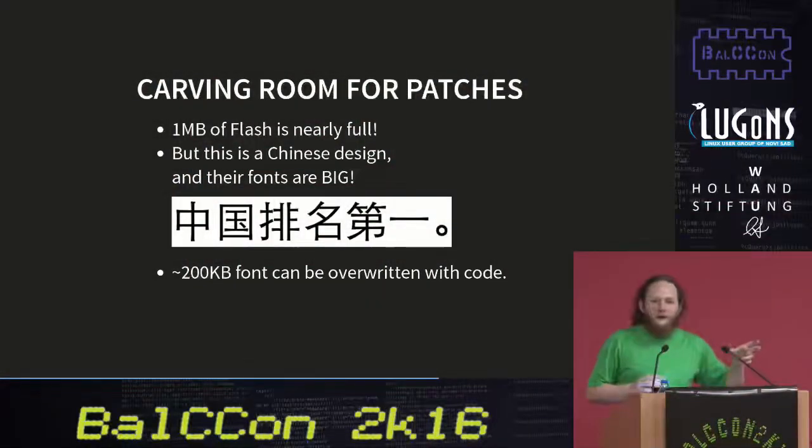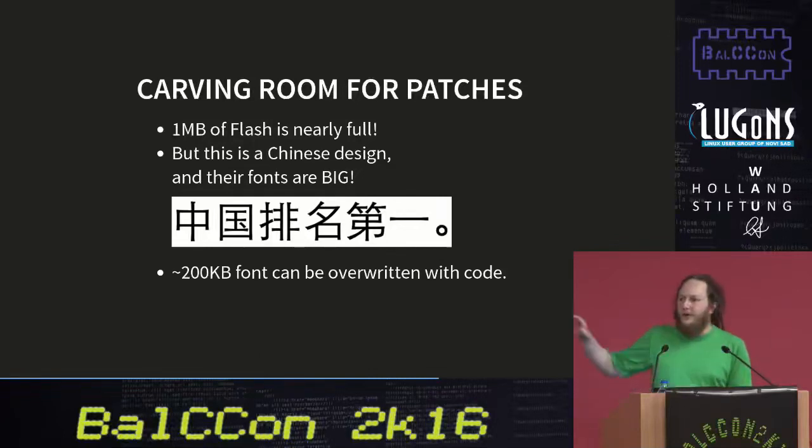Now, you need room to put your code. So there's 1 megabyte of flash, internal flash that you can execute code from. There are 16 megabytes of external flash, but you can't execute in place for that, so it might as well not be there. But this is a Chinese design. So in the 1 megabyte where they've taken all of the memory and used all of it, a fifth of that, 200 kilobytes, is the Chinese font.